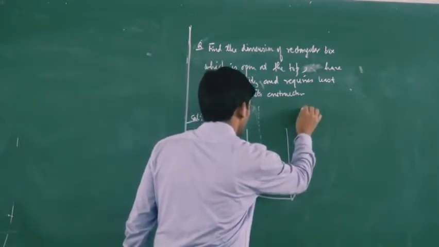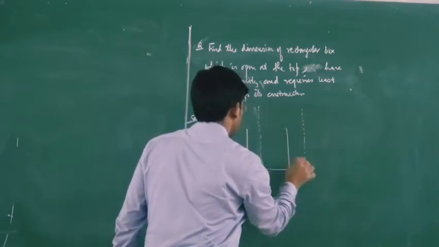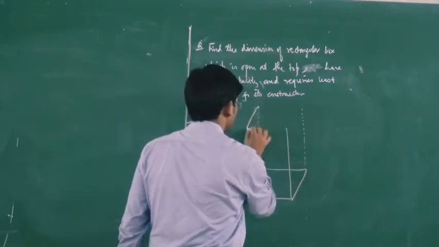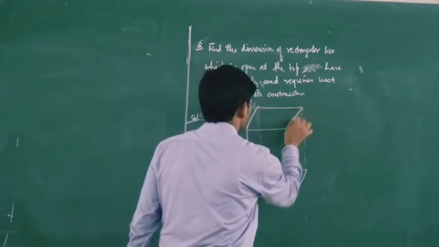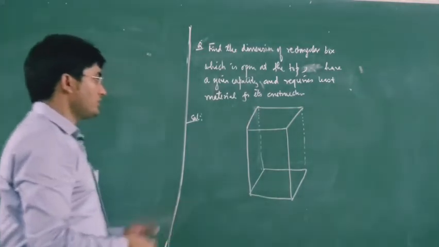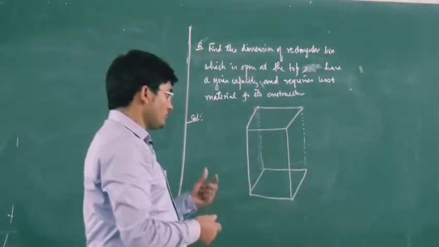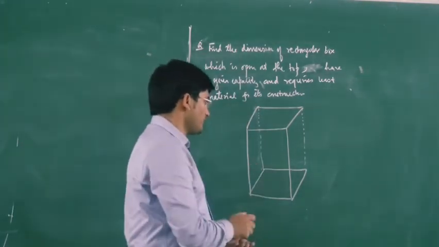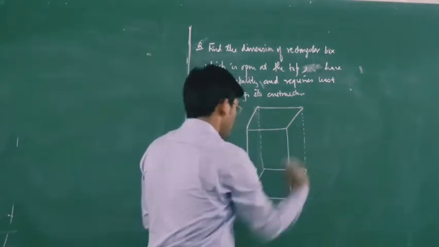So this is your two sides. Suppose that this is your rectangular box, this is its front face and that is your back one.